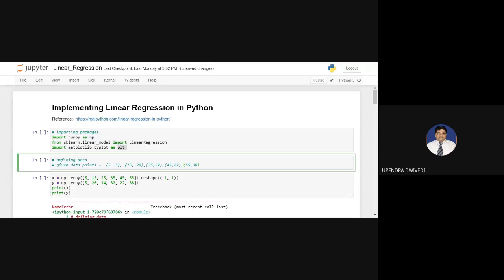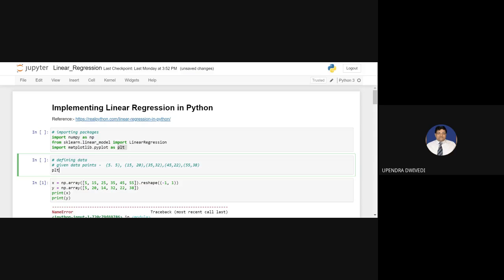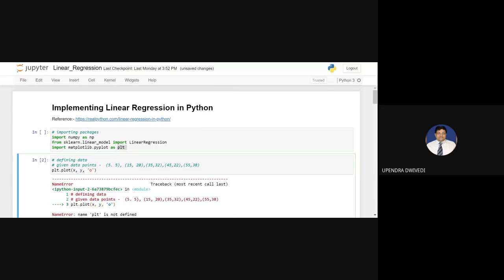Now, if I want to see how these data points look, let me split the cell here, and for the given data points, we just plot them and see how they look. One moment, let me import this package, otherwise this will throw an error.